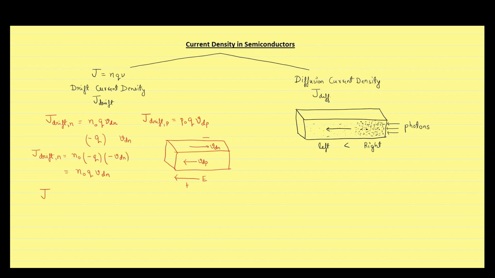Now, the net drift current density comes out to be summation of drift current due to free electrons plus drift current due to holes. This is the final formula for finding the net drift current density in a semiconductor.